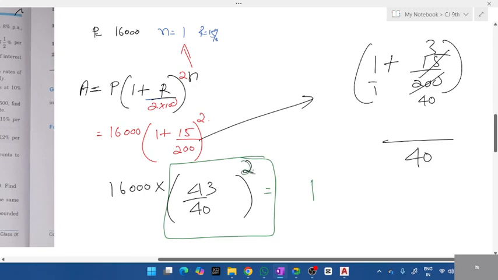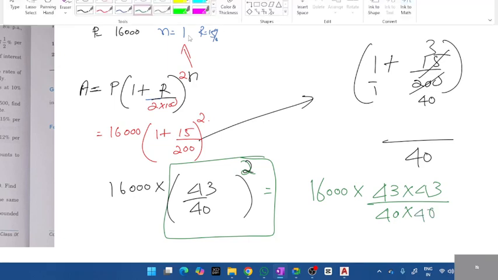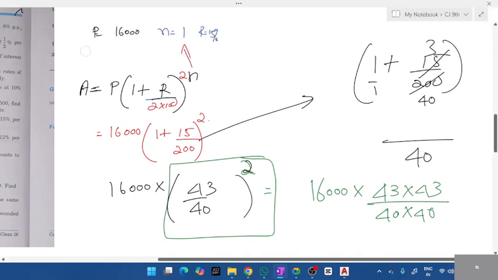Here we have a square, students, so you can write it like this. 16,000 into 43 by 40 into 43 by 40. If you write separately like this, it is easy for us to calculate. 40 into 40, two zeros get cancelled, 4 fours are 16, you get 10 here.